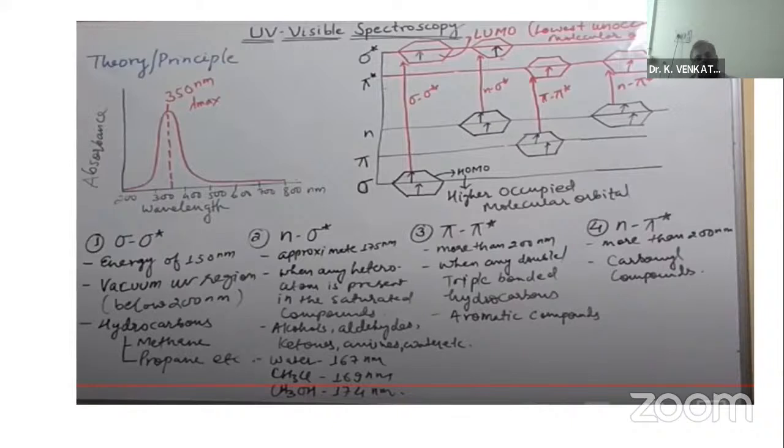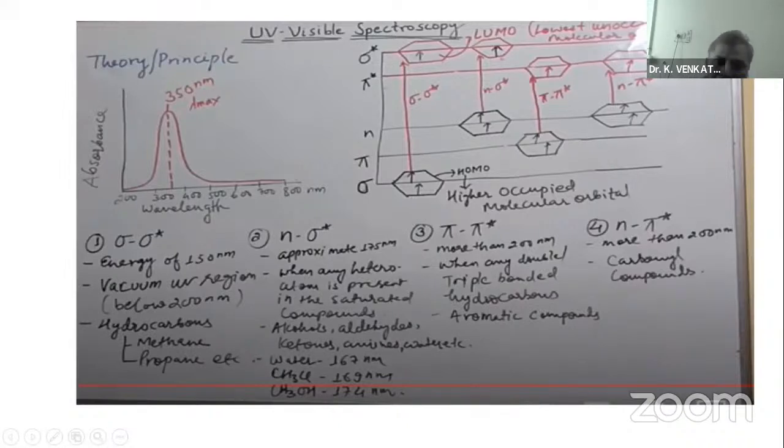And the next, n to sigma star transitions. What is the meaning of n? In ethyl chloride and alcohols, n means non-bonding electrons, lone pair electrons. That's why we call it n to sigma star. Where is the lone pair of electrons present? In heteroatoms.